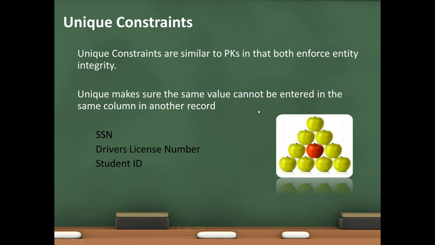Unique constraints. Now, I talked to you before about a primary key, and I told you that a primary key could be unique, but there may be other fields that I put in to my table that I want to enforce uniqueness. Say, for example, that I'm tracking a person's student ID, and I decide that's going to be my primary key, but I'm also tracking a student's social security number, a driver's license number.